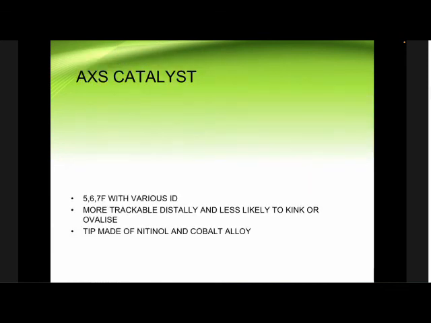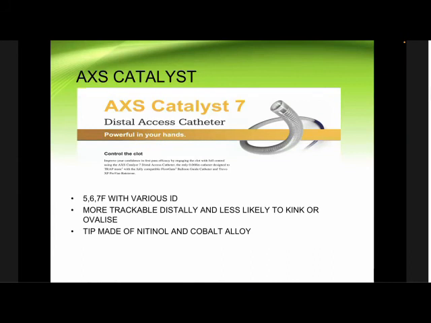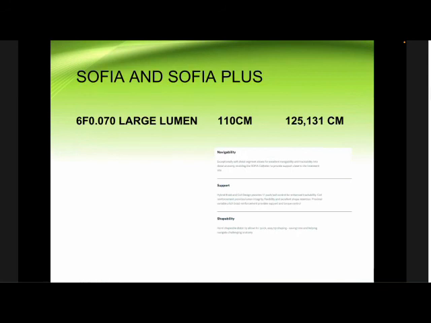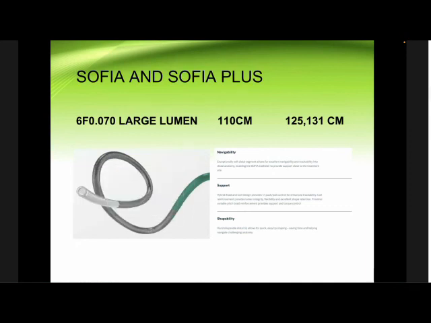Another one is the Catalyst, which is available as Cat 5, 6, and 7 with various internal diameters. It is more trackable distally, and the tip is made up of nitinol and cobalt alloy, which makes it more flexible. The other distal access catheters are Sophia and Sophia Plus, which are also of large lumen and allow multiple devices to pass through them.